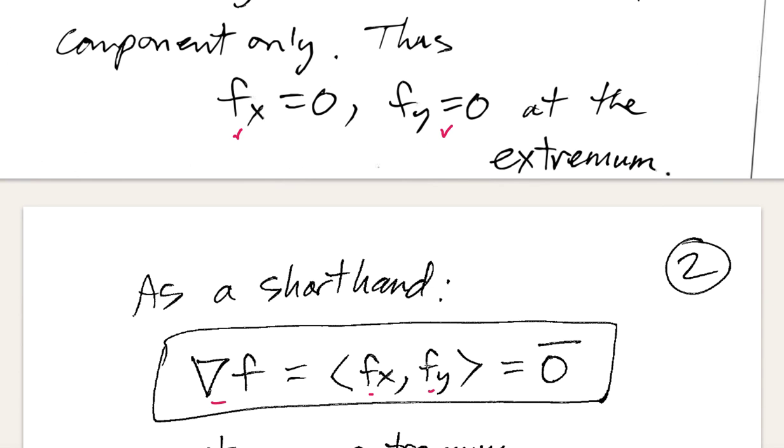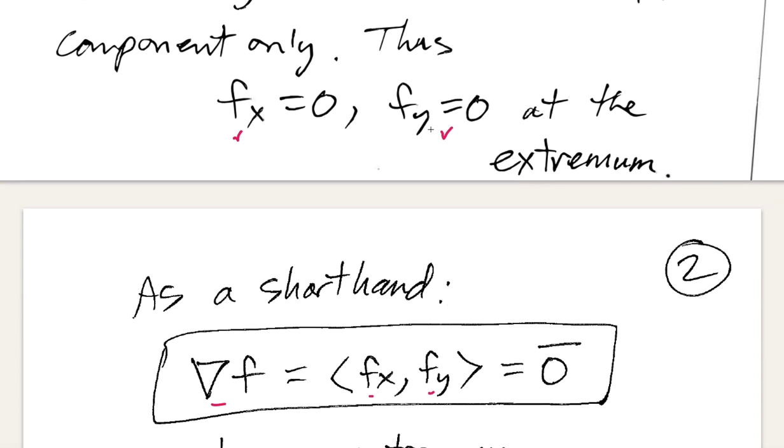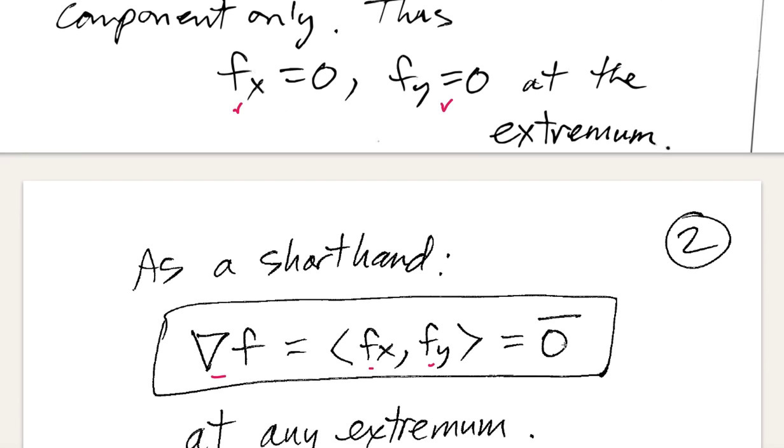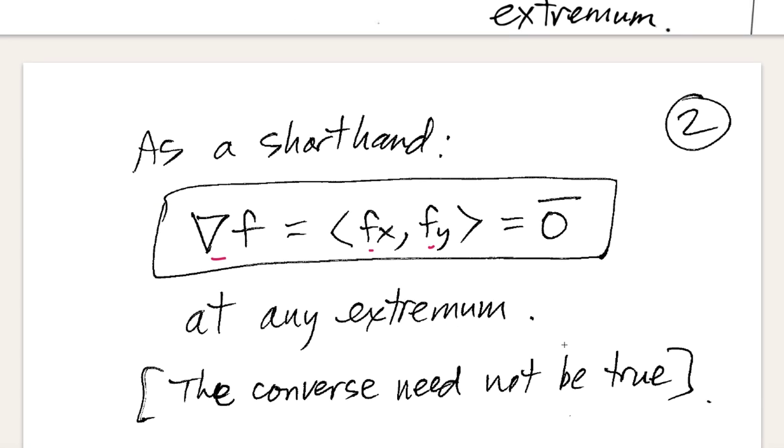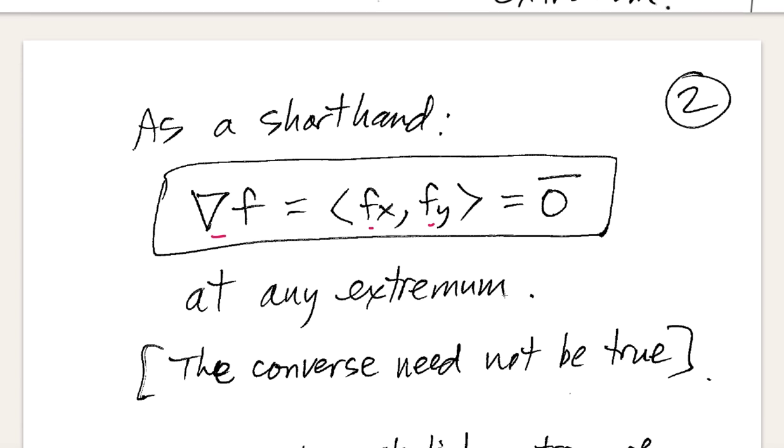Saying these are both 0 more compactly could be just saying the gradient then is the 0 vector. See the bar on top of that 0. So at any extremum, the gradient of little f should be the 0 vector. The converse need not be true.